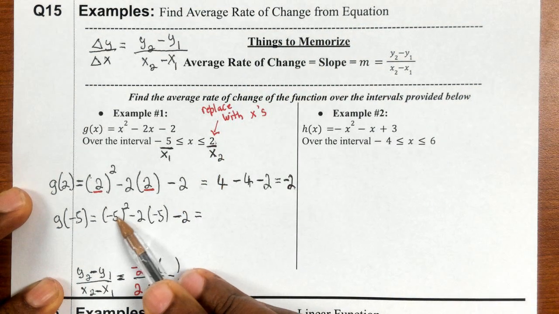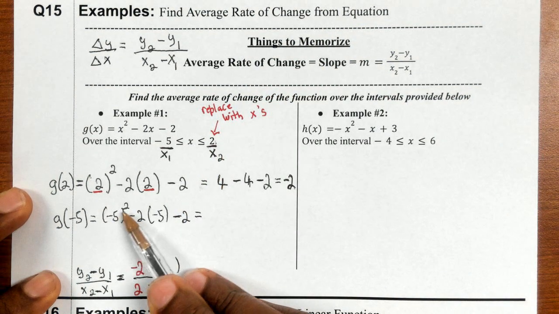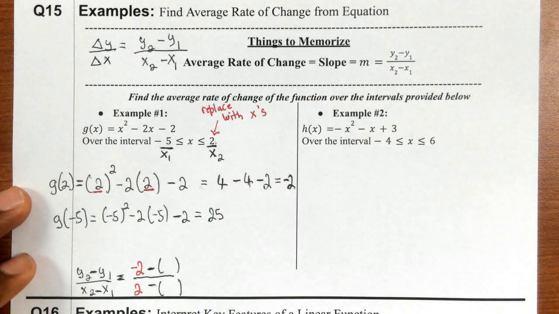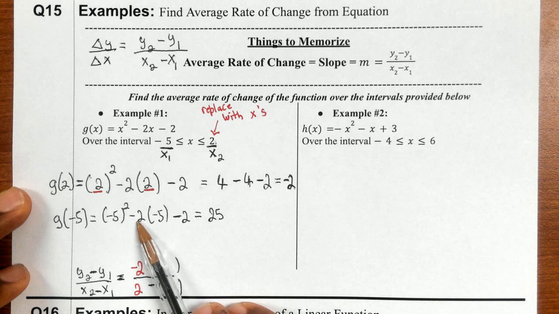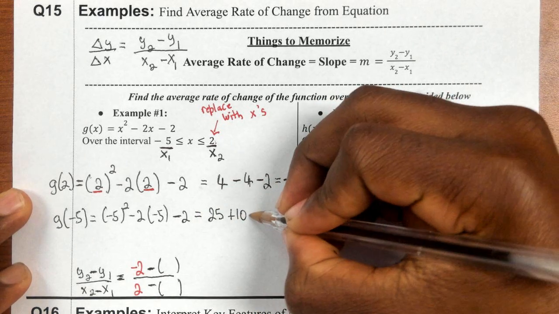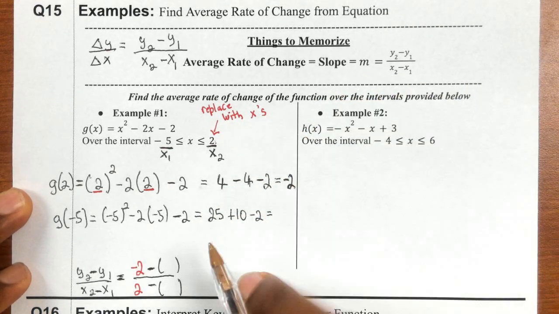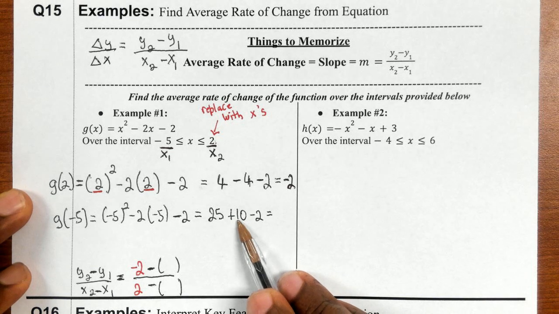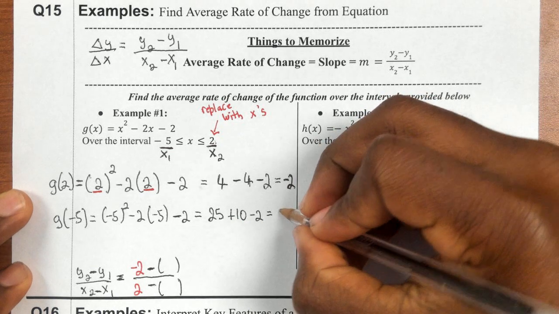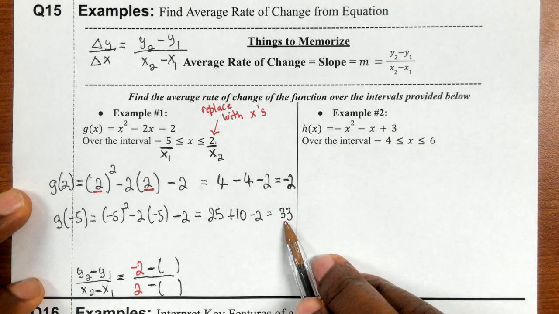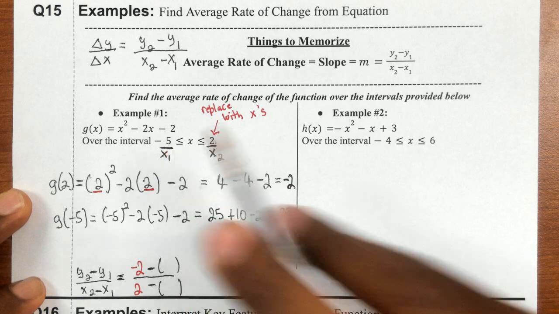Negative 5 squared is negative 5 times negative 5, which is positive 25, because a negative times a negative gives me a positive. Negative 2 times negative 5 gives me positive 10. And then the minus 2, I bring down. 25 plus 10 is 35, and 35 minus 2 is 33. So this is the y that goes with x equals negative 5.